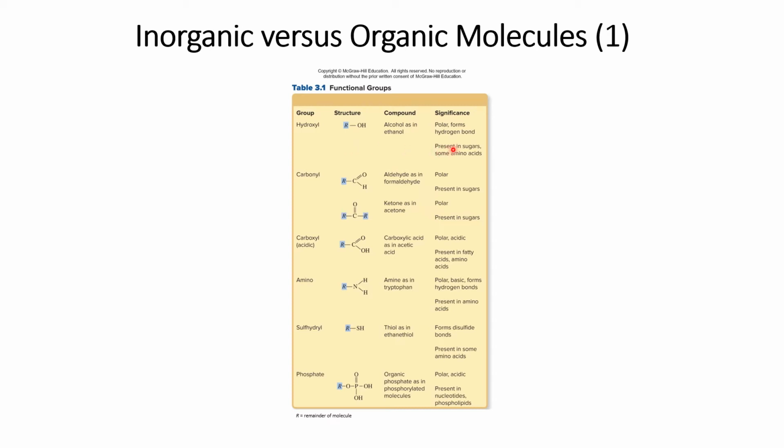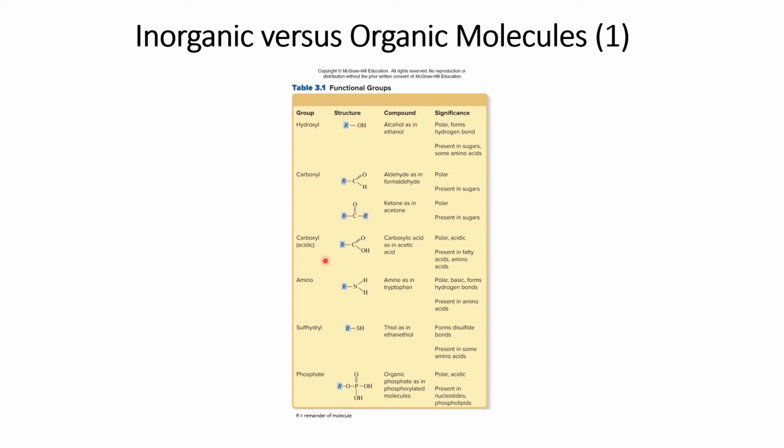Its property is that it will add polarity to a structure and the possibility of a hydrogen bond. So that's hydroxyl. You find it mostly in carbohydrates, but in some other structures as well, and it adds polarity.